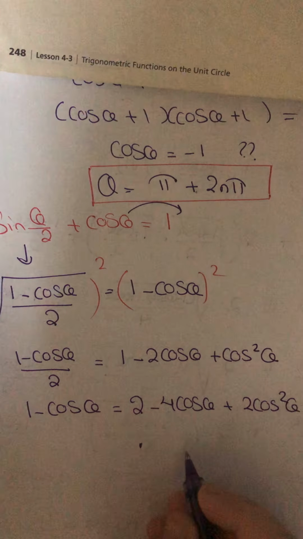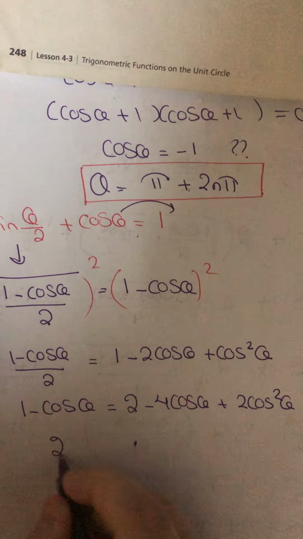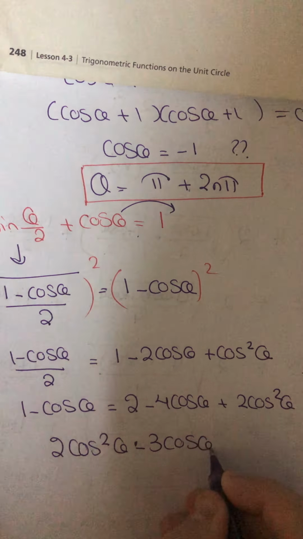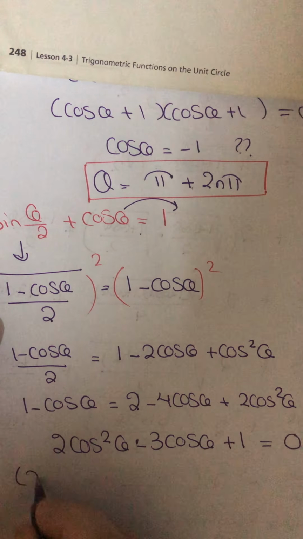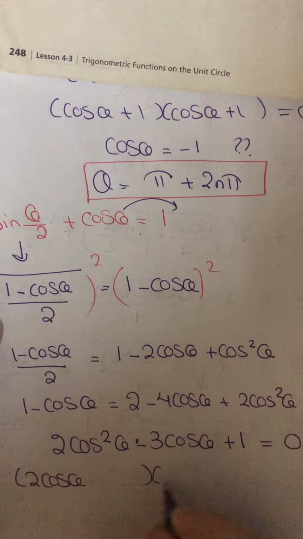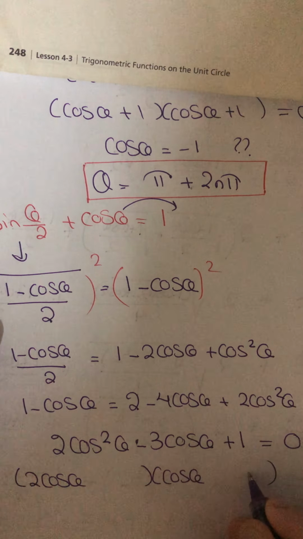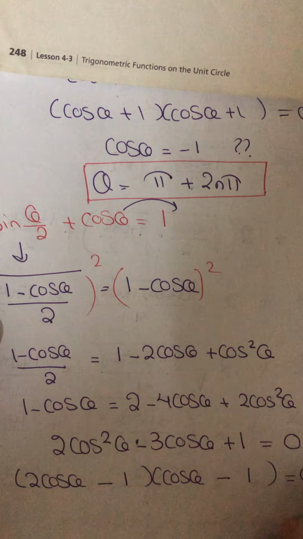Right? I would rather leave this here, so I'm gonna send everybody to the other side and arrange. It will be 2 cosine squared theta minus 3 cosine theta plus 1 equals to 0. 2 brackets, 2 cosine theta and cosine theta, and I think I have to put a 1 here and a 1 there, and both of them are negative, equals to 0.